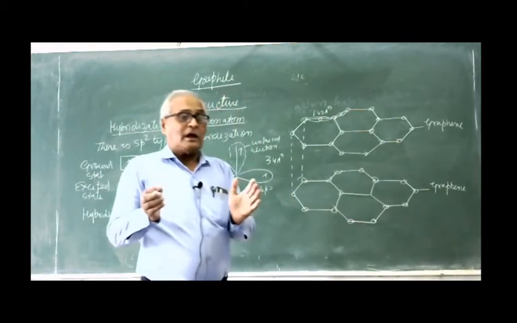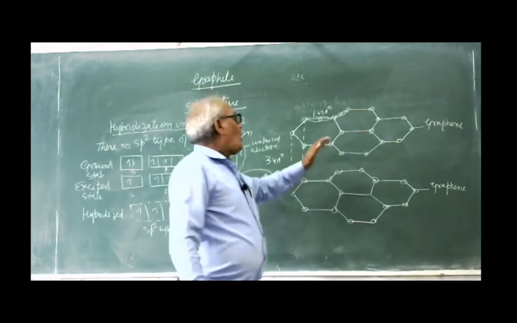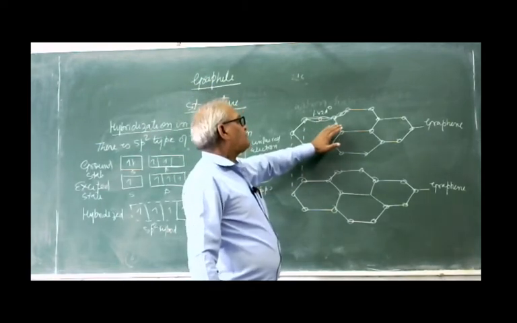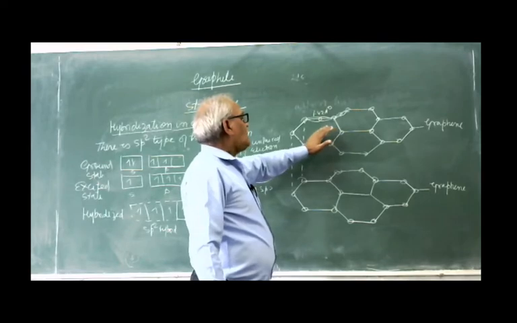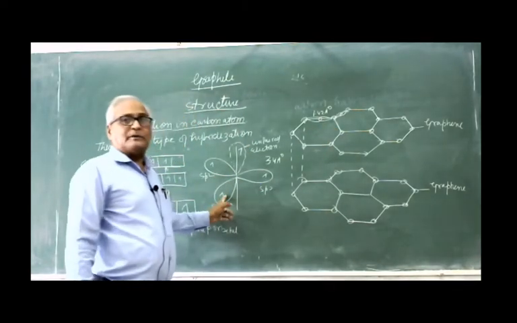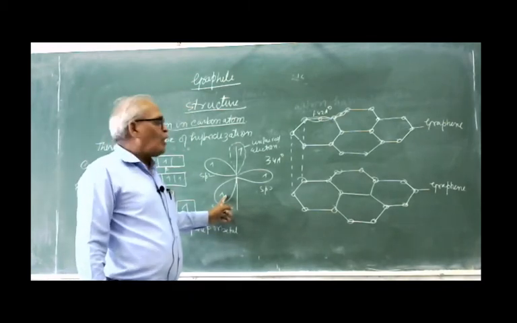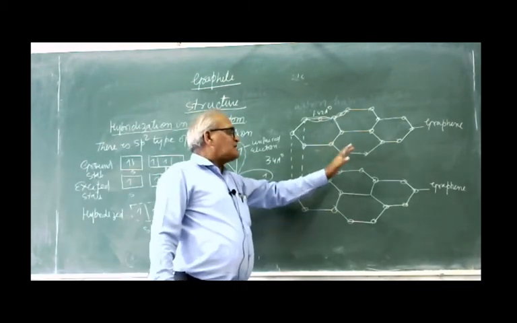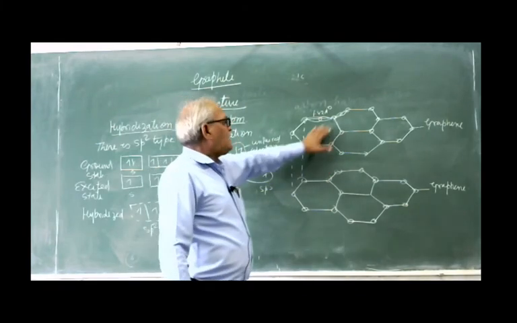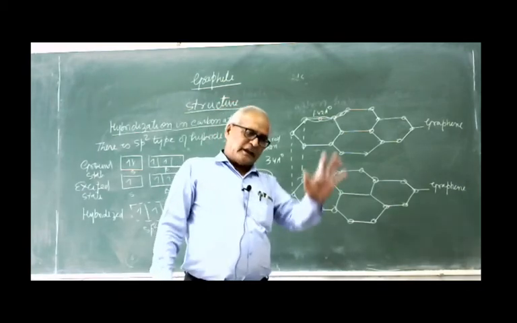How many neighboring atoms are arranged in graphite? Three. Because there are only three hybrid orbitals containing single electron to form the covalent bond. So coordination number of each carbon in graphite is 3.